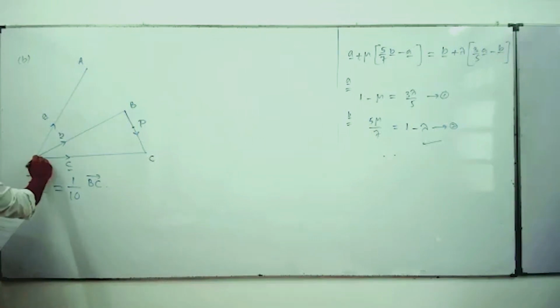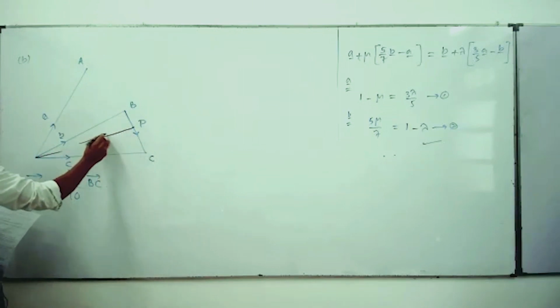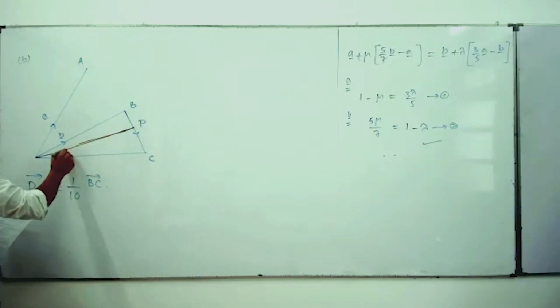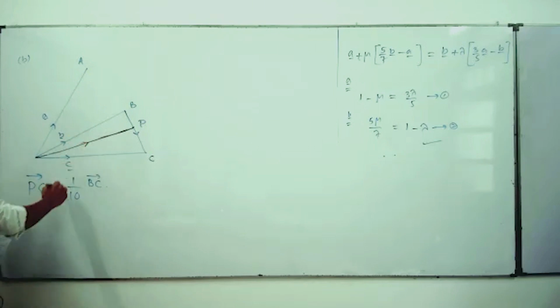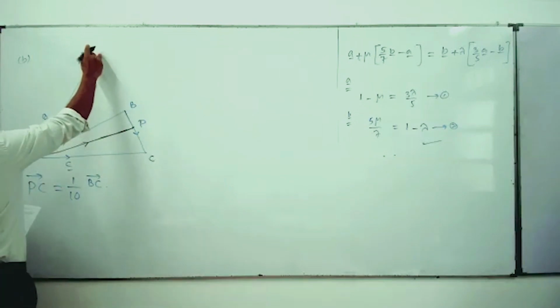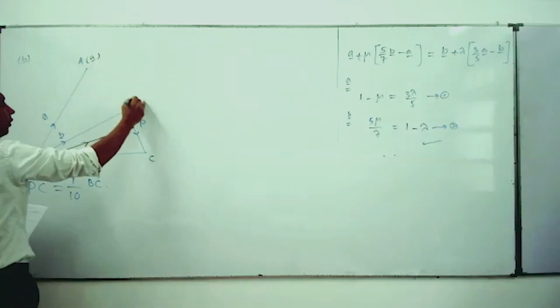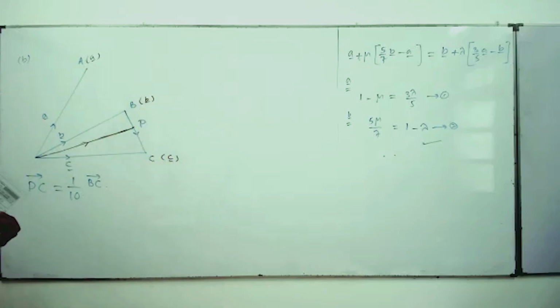This vector OP. The position vector of point A is simply a. This is simply b. This is simply c. This is the diagram.